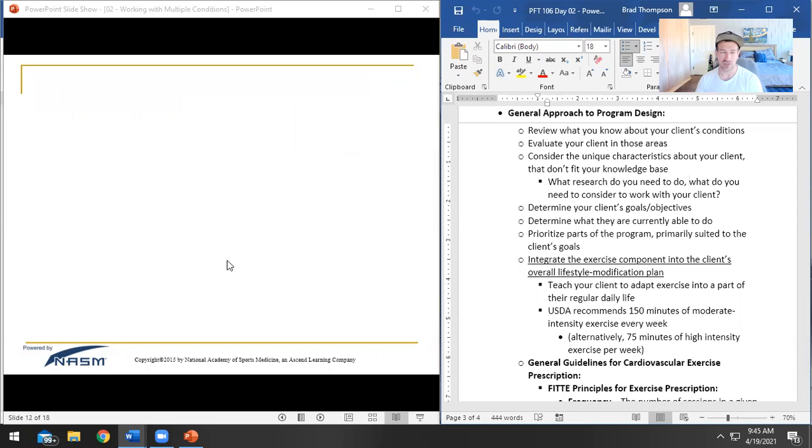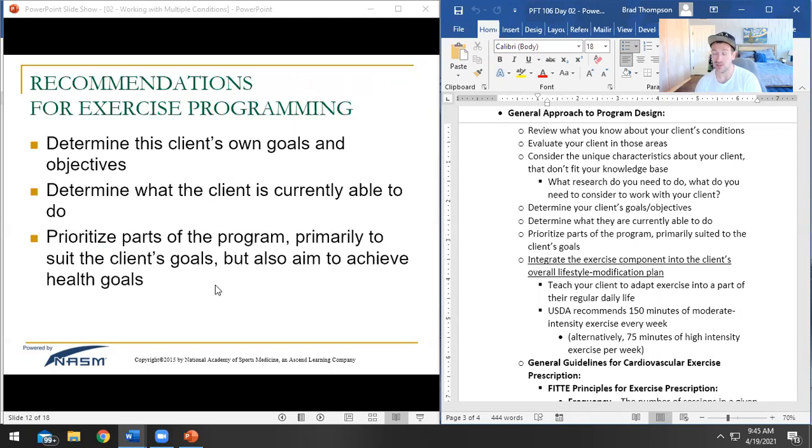If your client tells you that their job puts them on call and they have to go do X, Y, and Z at the drop of a hat, and you've never worked with that, maybe learn a little bit about what that schedule looks like. Just ask your clients, okay, walk me through a typical week, and do a little bit more research. And that research can literally just be a conversation with your client.